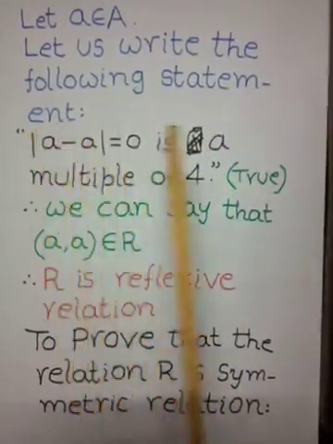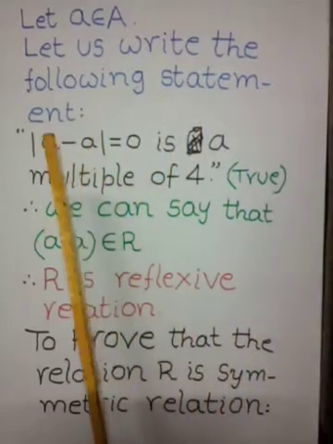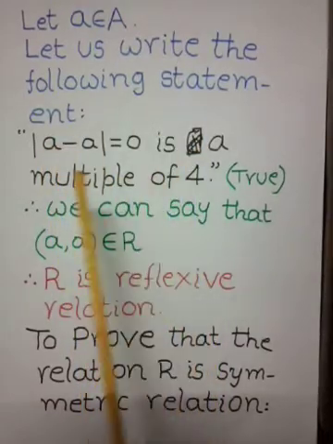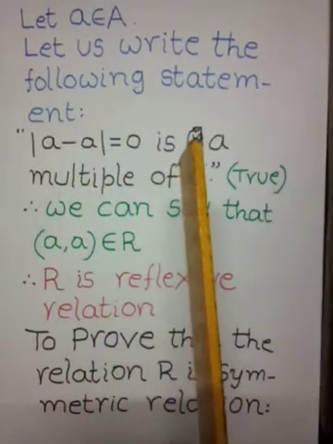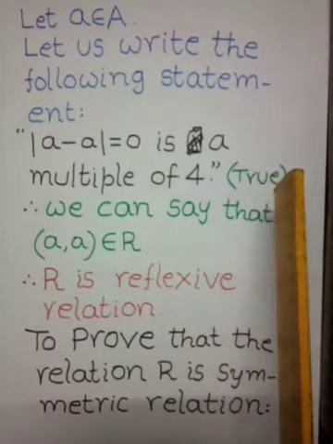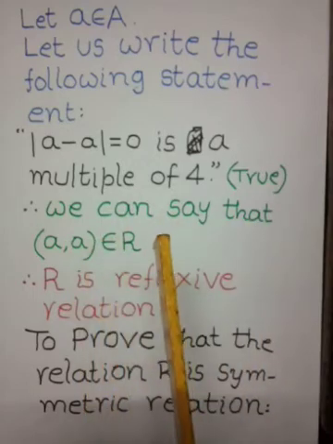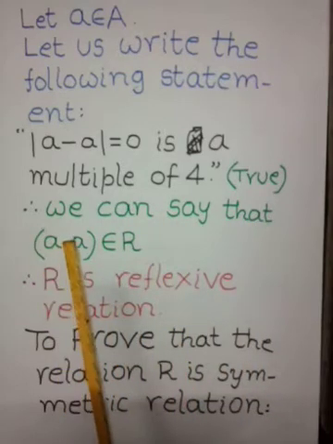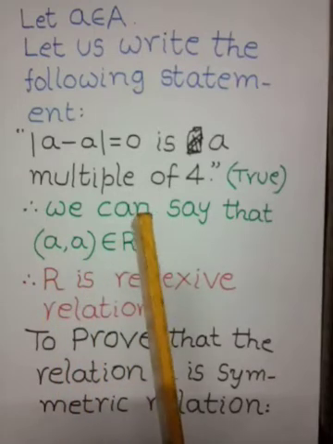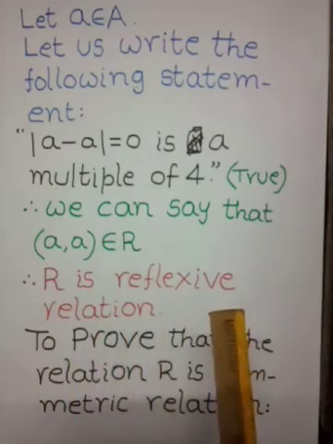Then we have to check whether this statement is true or false. Yes, true. Then we can say that the ordered pair (a, a) belongs to R, meaning the elements a and a satisfy the given relation. Therefore, we can say that R is a reflexive relation.